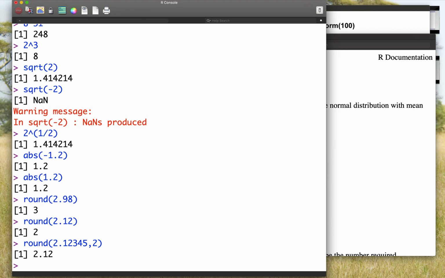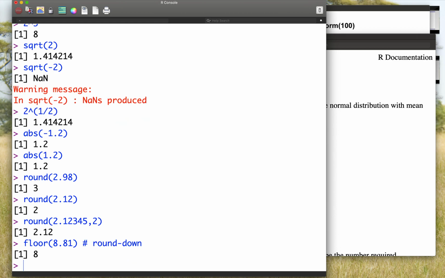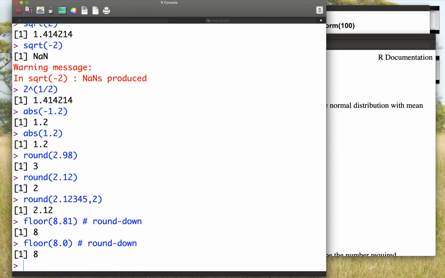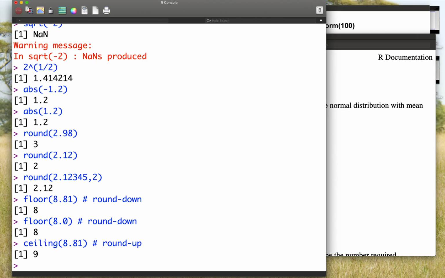Similar functions are the floor function and the ceiling function. The floor function rounds numbers down. For 8.81, it returns 8, again 8. To round up, you can use the ceiling function. Ceiling of 8.81 is 9.